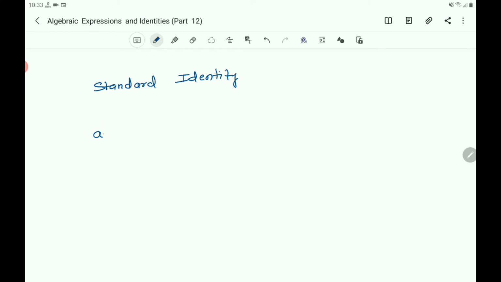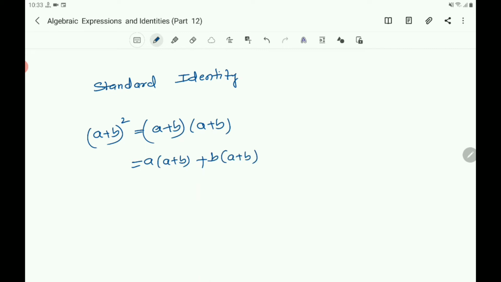So a plus b whole square is nothing but a plus b into a plus b. Now here multiply a plus b by a into a plus b plus b into a plus b.